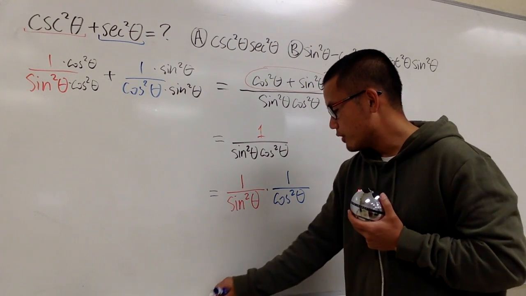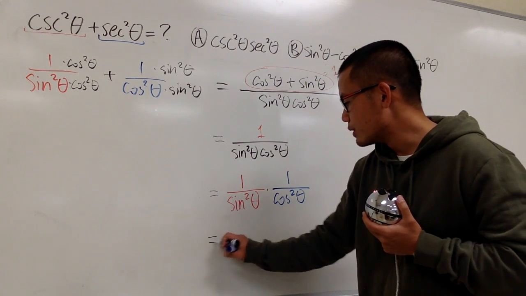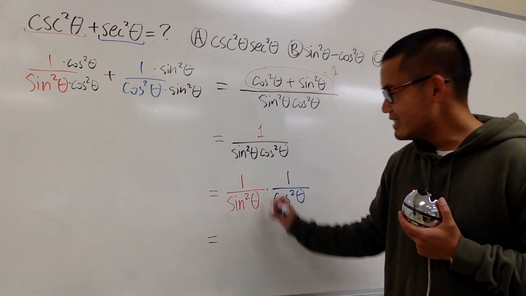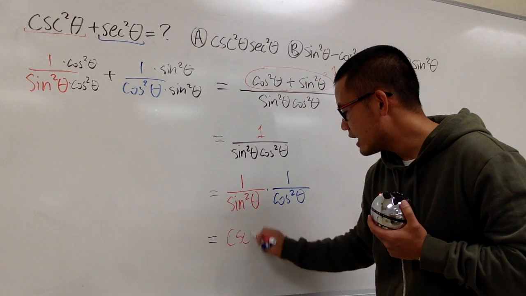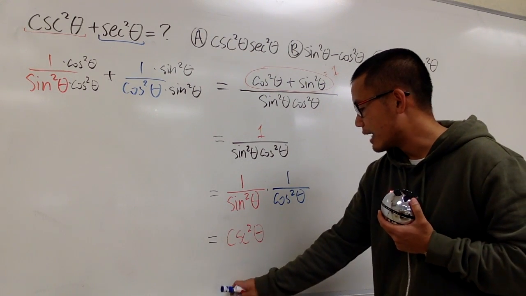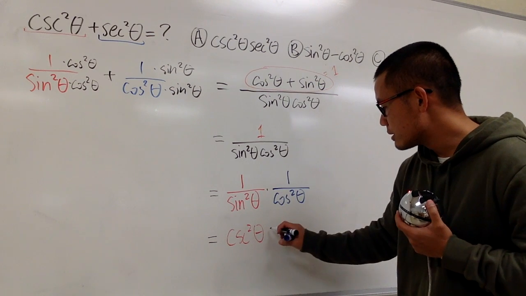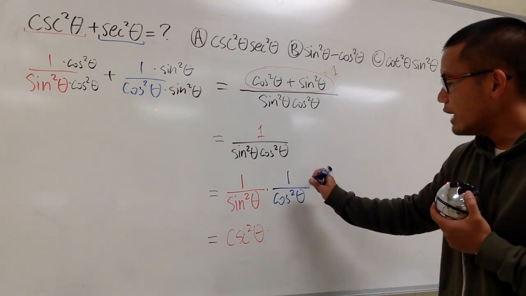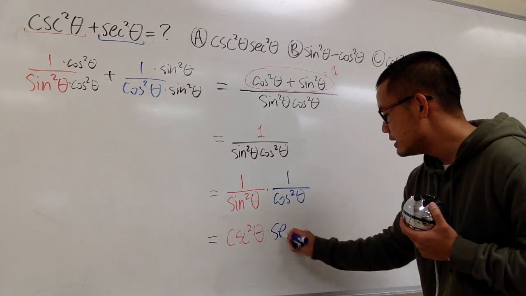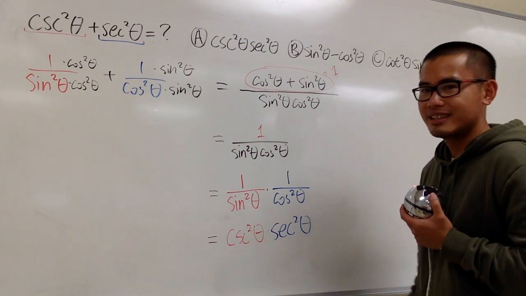All right, the point for me to do that is because now we will see 1 over sine squared theta. This is just cosecant squared theta, isn't it? And we are multiplying, right? The middle is just a multiplication. Here we have 1 over cosine squared theta, which is the same as secant squared theta.